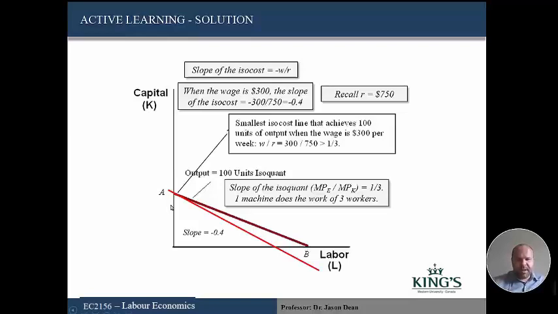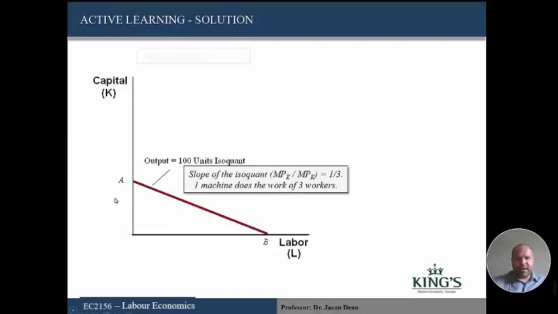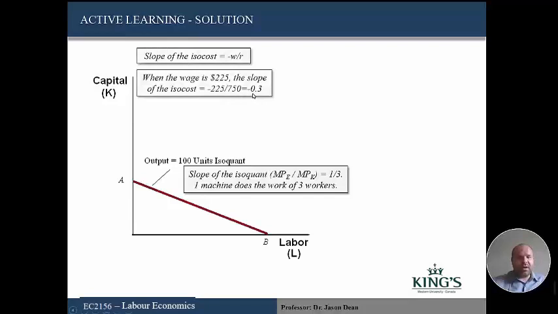Now in B, it says, what if the wage is 225? Then the slope of the isocost line will be 0.3. So that's lower in absolute value than 1/3. And so it is now cheaper to just use 3 workers than it is to buy a unit of capital.